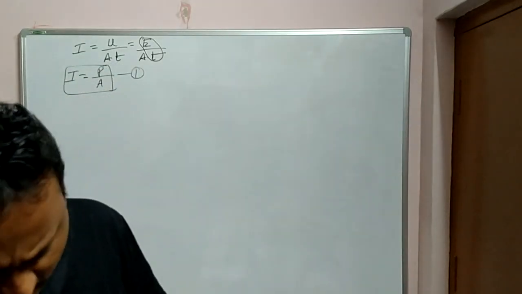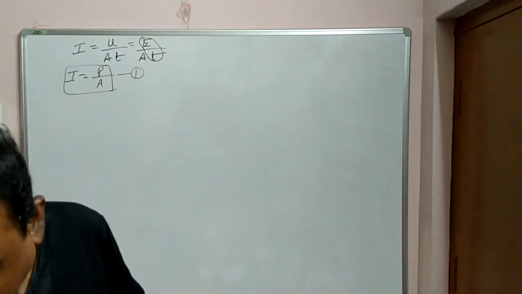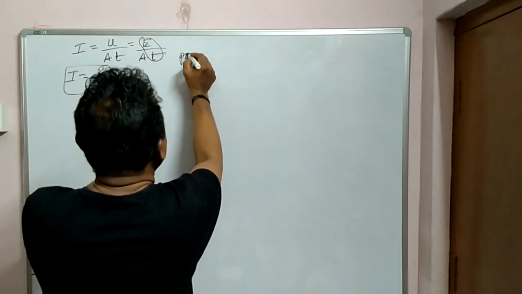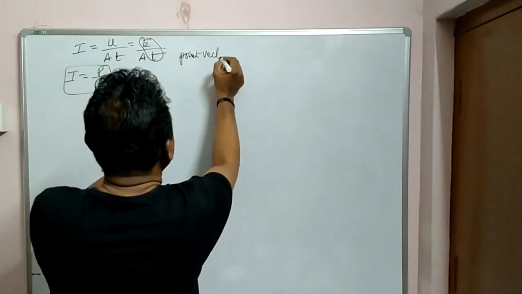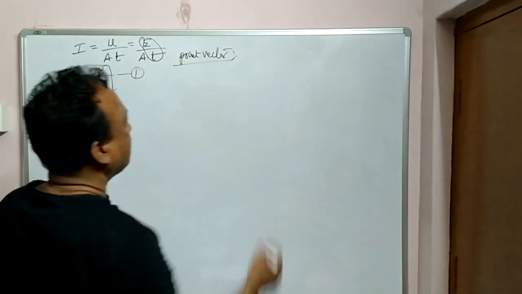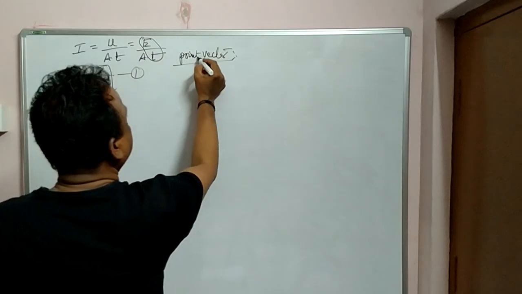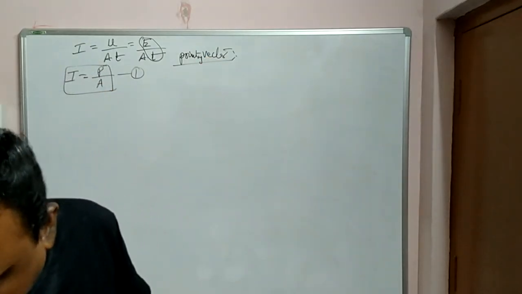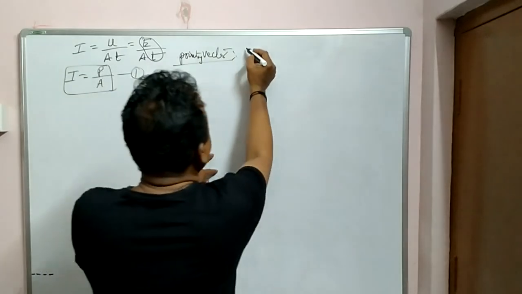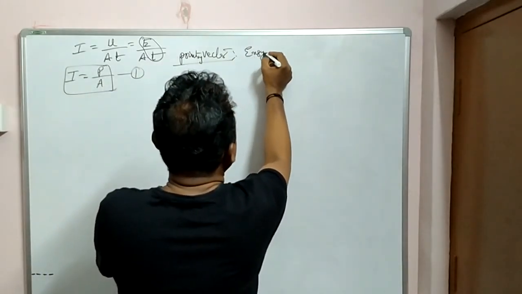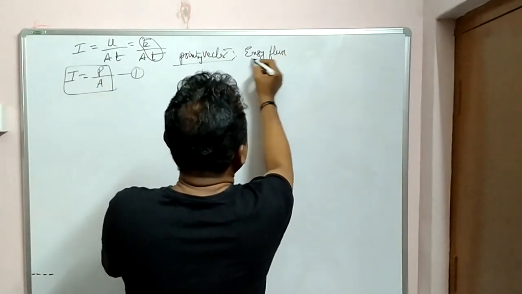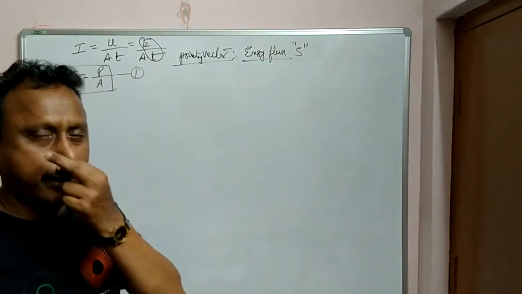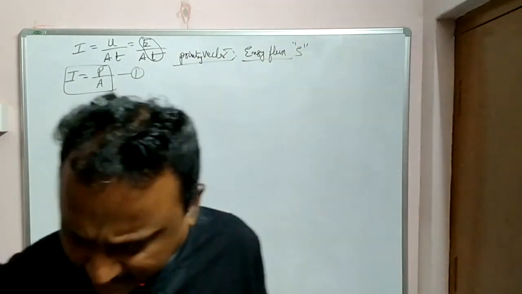Okay. Now here, if you observe carefully, now we can define what is Poynting vector. Poynting vector అంటే ఏంటి? This is also called energy flux. Poynting vector ని మనం energy flux అని కూడా చెప్పొచ్చు.